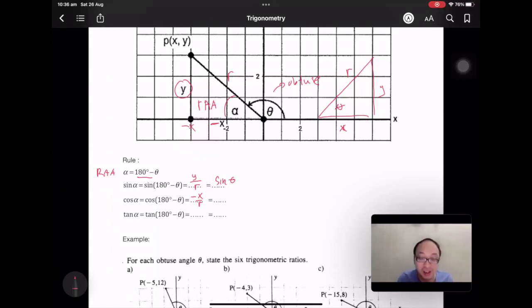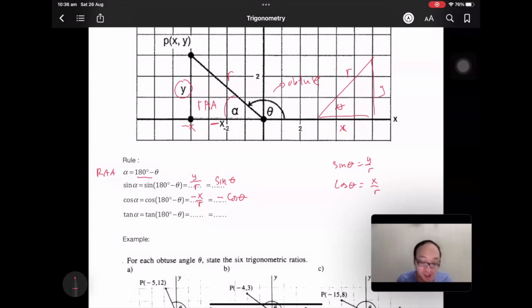Now, the negative x over r is negative cos theta according to definition. So sin theta here is y over r. Cos theta here is x over r. So negative x over r is negative cos theta.